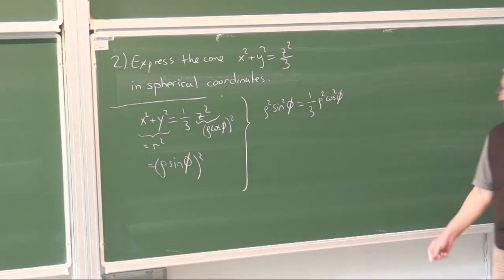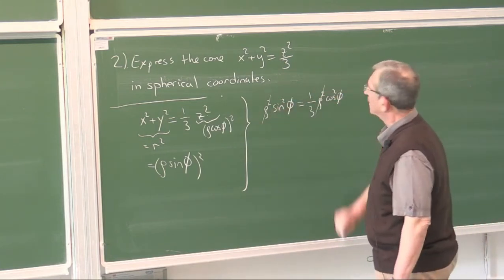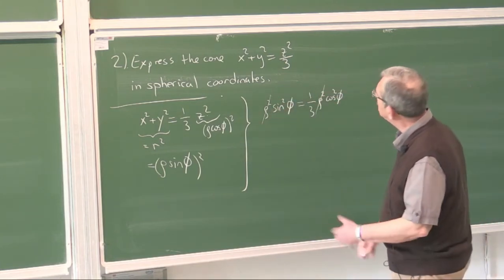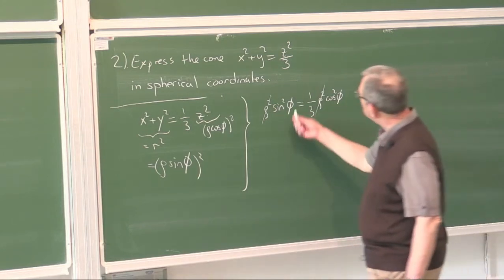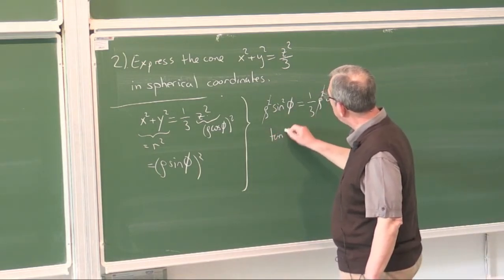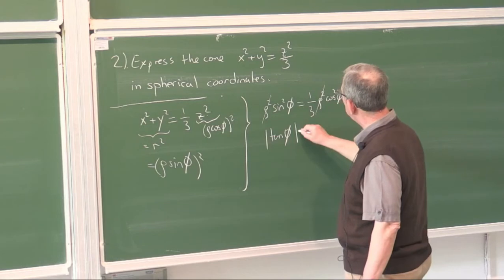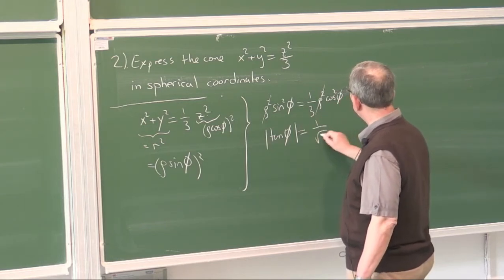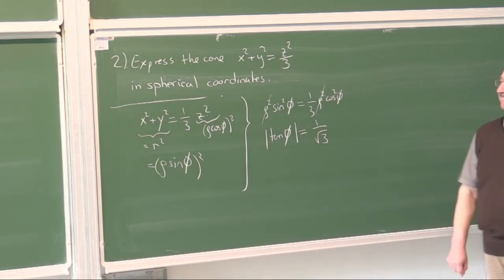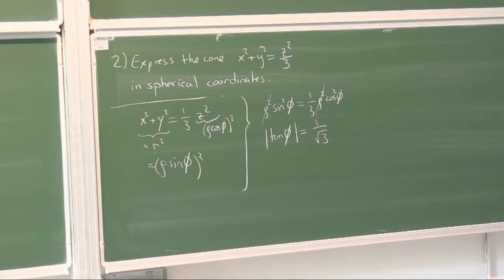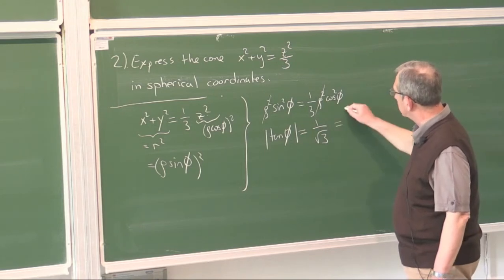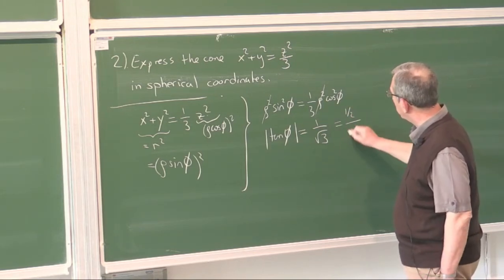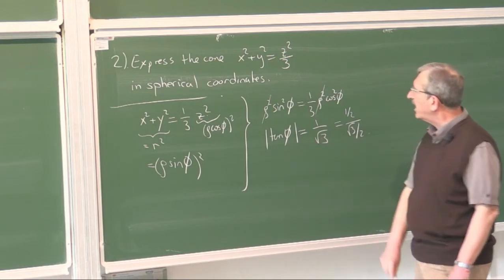Of course, this tells us that rho's cancel out. If rho is 0, it will be given to us by phi values anyway. So this simply says that tangent phi in absolute value is 1/√3. Now, of course, you can write this in this form if you are not familiar with these values.